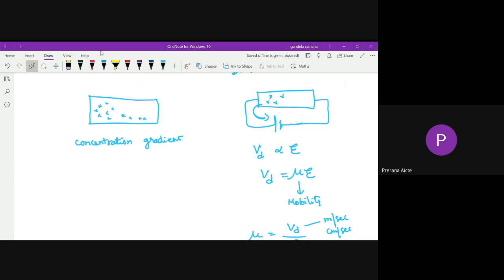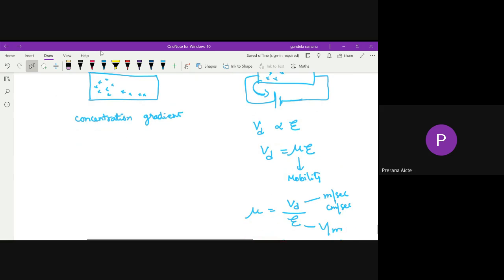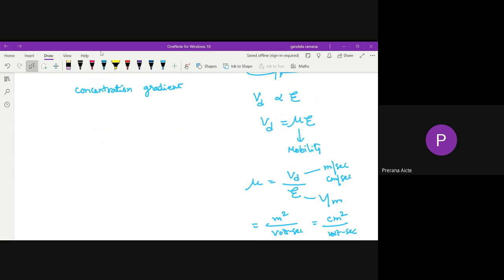So finally, the units of mobility are meter square by volt second, or in centimeters, centimeter square by volt second. Mobility depends on the type of semiconductor or nature of the material, on temperature, and on electrical intensity.